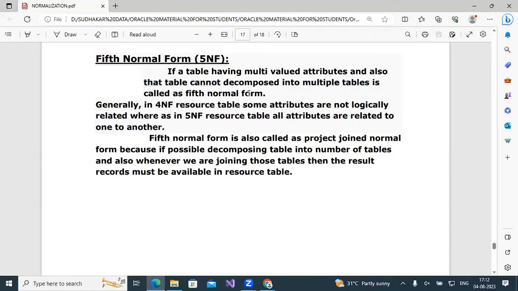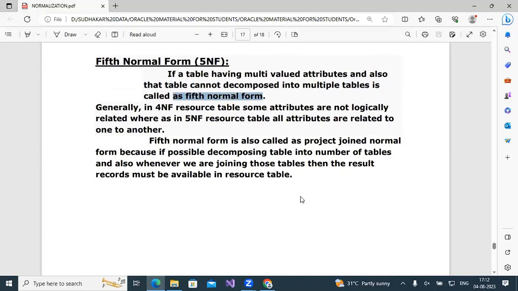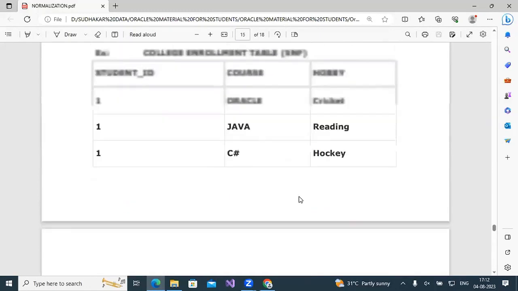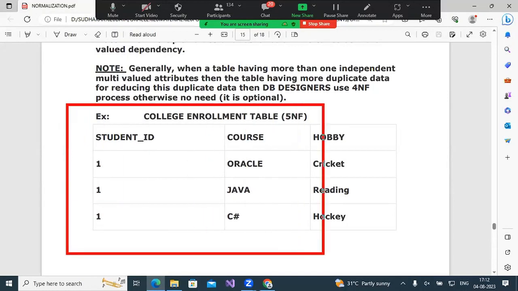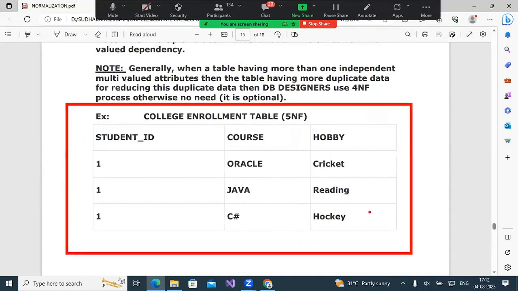That is called fifth normal form. This table has multi-valued columns, but I don't divide it, I keep it as is. As is, which normal form is this? Fifth normal form. When I divide this table, it becomes fourth normal form. If I don't divide it, it is fifth normal form.